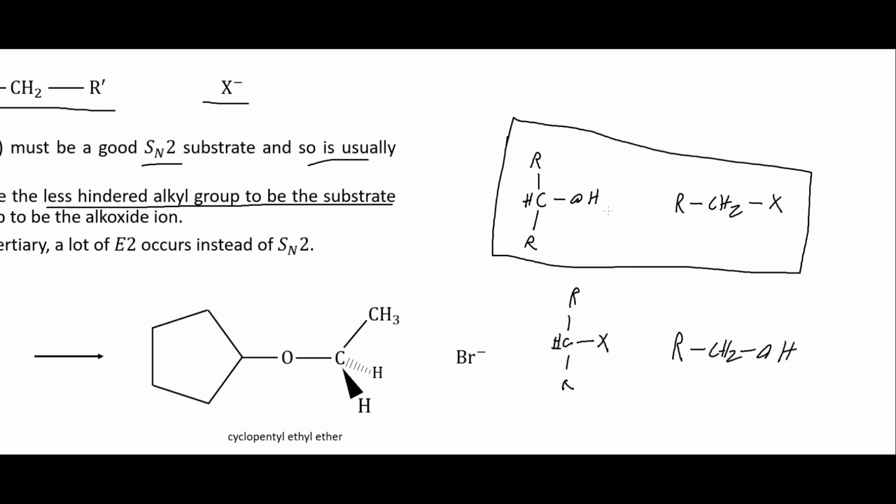So in both cases, we're going to be making the same ether, but we want to choose to have the electrophile or the substrate to be the least hindered one. So we would prefer to put that onto the primary here rather than have the alcohol on the primary right there.